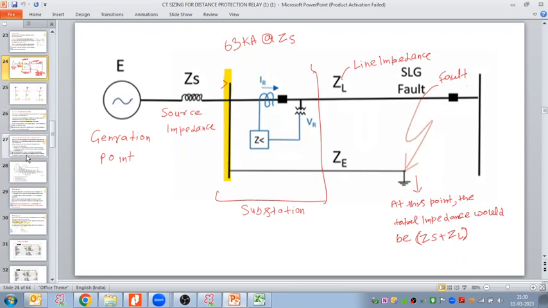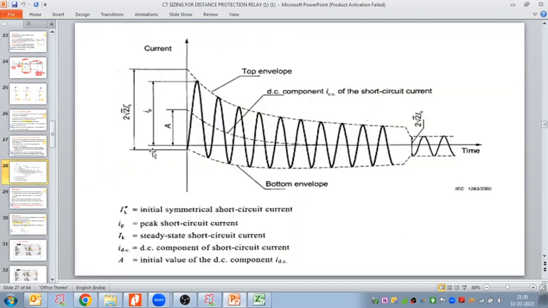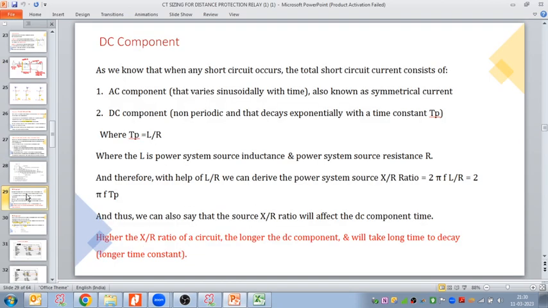Before coming to the short circuit current at the remote point, we need to understand the nature of short circuit current. When any fault happens, the short circuit current has two components: one is the sinusoidal AC component, plus one exponentially decaying DC component.